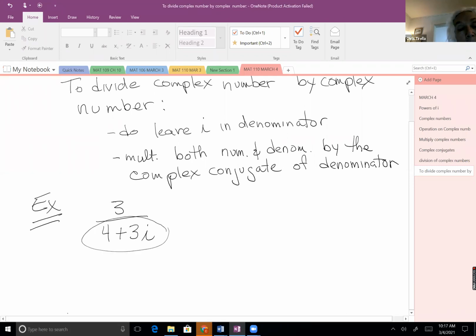If we've got 4 plus 3i, the conjugate would be 4 minus 3i. And again, when we do this, we want to change what it looks like, but not what it equals. So whatever we multiply the denominator by, we've got to multiply the numerator by the same thing. Again, because we're multiplying by something over itself, we're multiplying by 1.